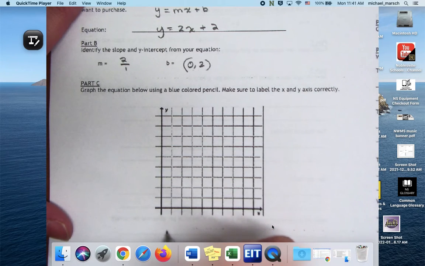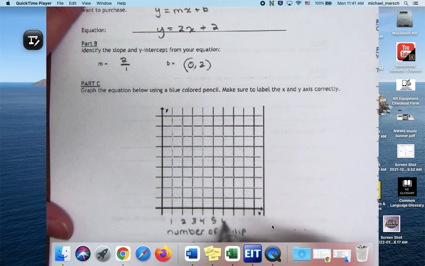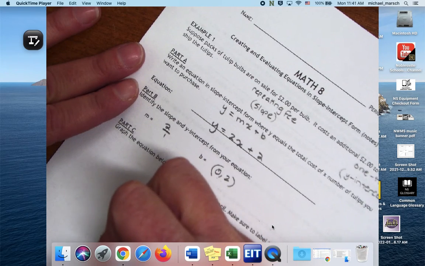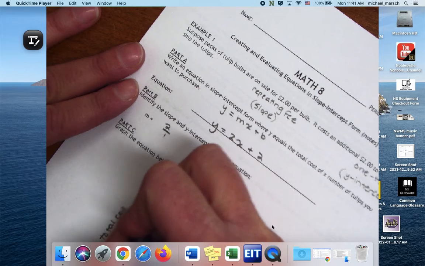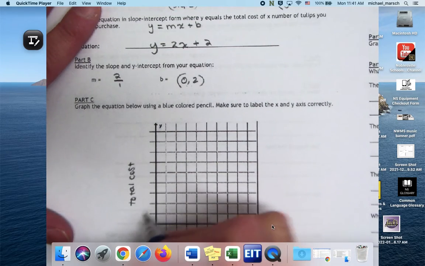So this is number of tulip packs. And then my y-axis is going to represent the total cost that I'm spending.